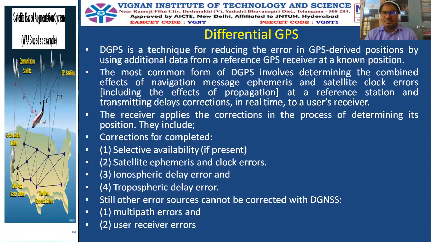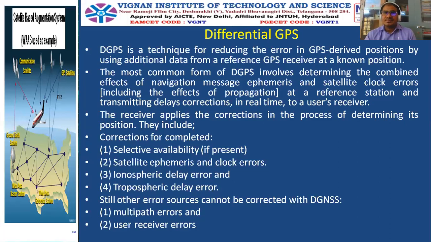So what is differential GPS? Of course, till now whatever I spoke will be presented here. What is differential GPS? It is a technique for reducing the error in the GPS derived positions by using additional data from a reference GPS receiver at a known position.